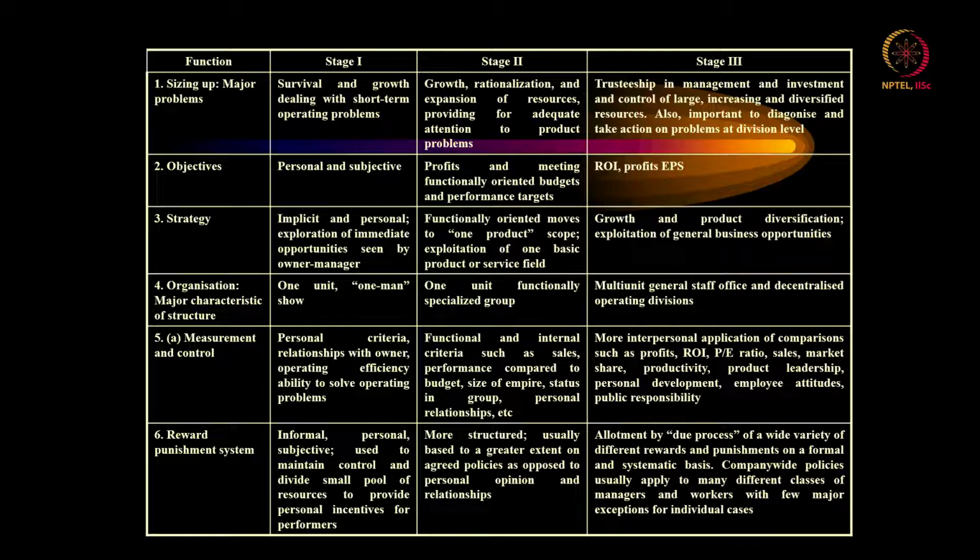So, when you are in stage 3, decentralization has set in. When it sets in, you can take independent decisions, you do not have to look to the top management always to convey the decision. So, you are given the liberty to take operating decisions. So, these operating decisions you are free to take in the interest of the company.